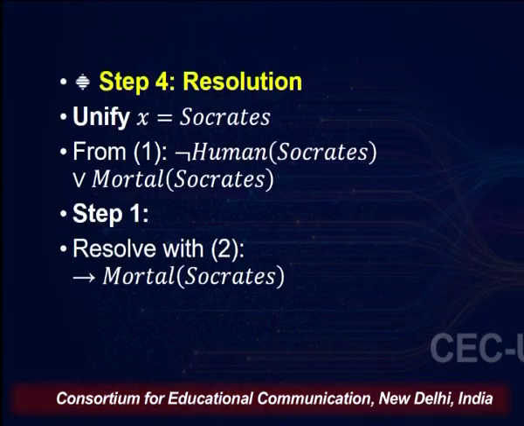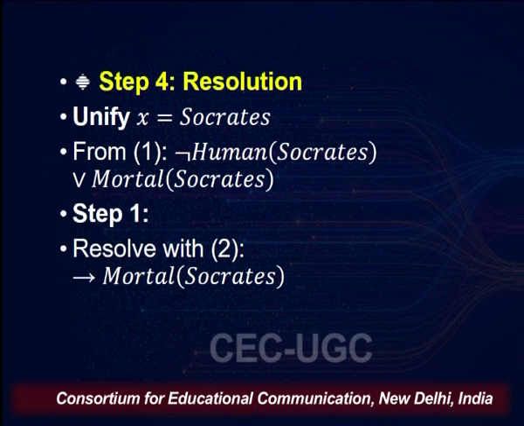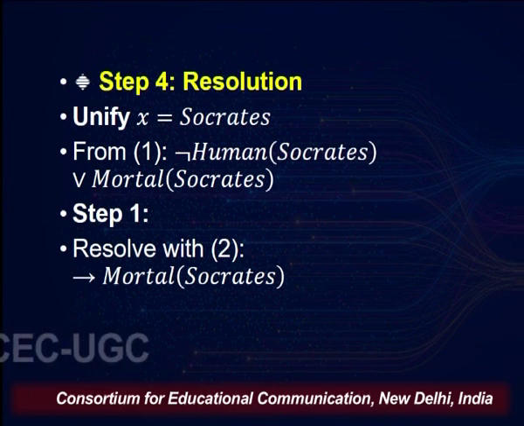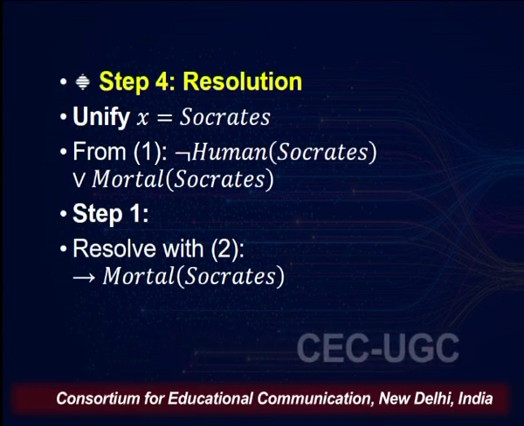Resolution here is very simple. We need to unify x with Socrates. From the first clause, negation of human(x) was there, and we are unifying x with Socrates, so x will be replaced by Socrates, and then it will be resolved with the second clause.